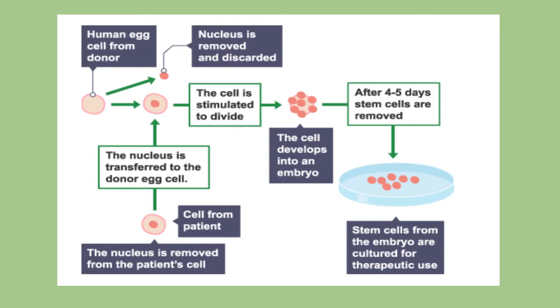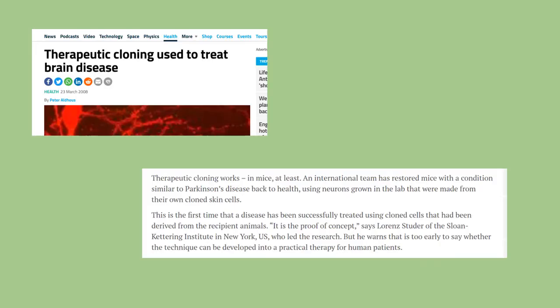Then they do something in the laboratory, I don't know what they do, to stimulate the egg to divide and start to grow. So it develops into an embryo that could become a human being. But after 4 to 5 days, the stem cells are removed. Stem cells from the embryo are cultured for therapeutic use, so they grow them into whatever cells they need. That is how it works.